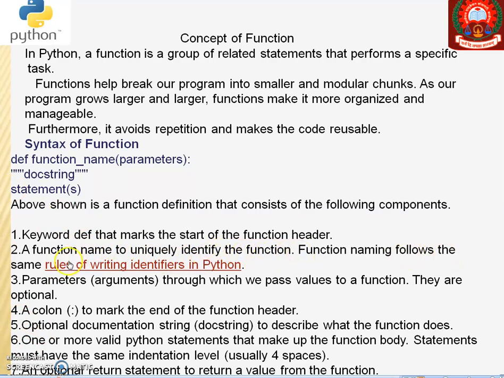The function name follows the same rules as identifiers in Python. An identifier in Python means, while declaring a variable, you give a name; characters will be there, numbers will be there, and some special characters like underscore will be there. So whatever are the rules for writing an identifier are the rules for the function name.